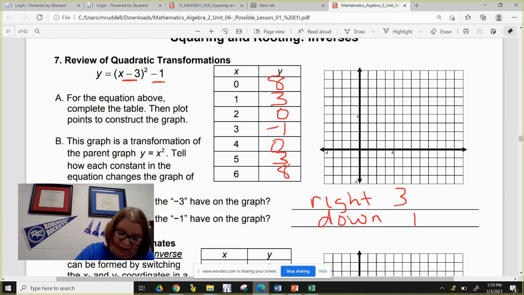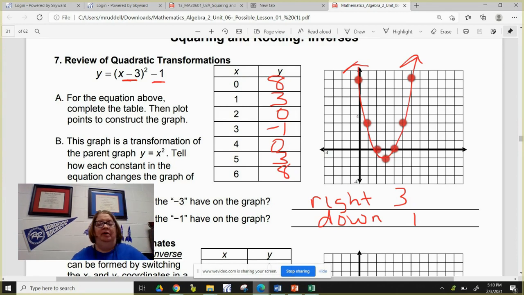Plot the points to make the graph. 0, 8. 1, 3. 2, 0. 3, negative 1. 4, 0. 5, 3. 6, 8. There's our nice, pretty parabola. All right.